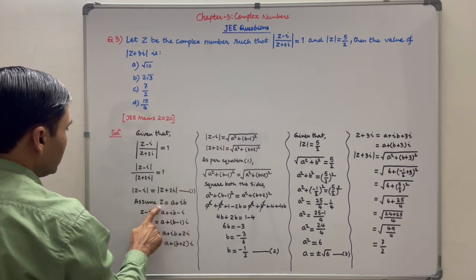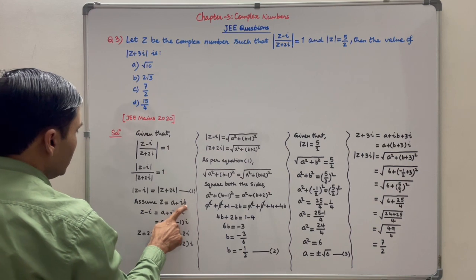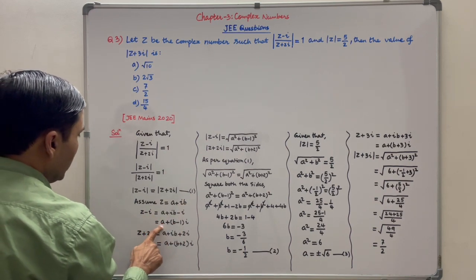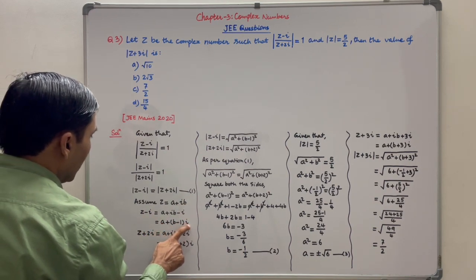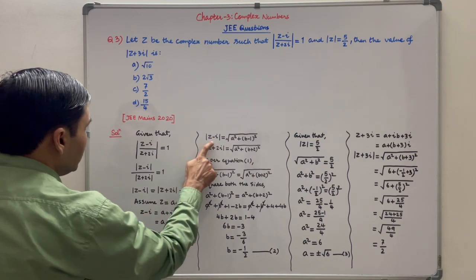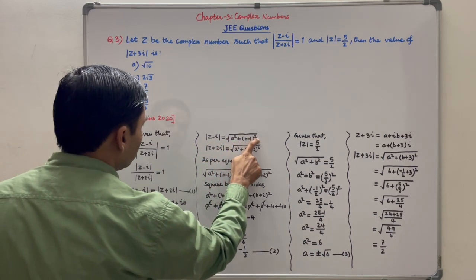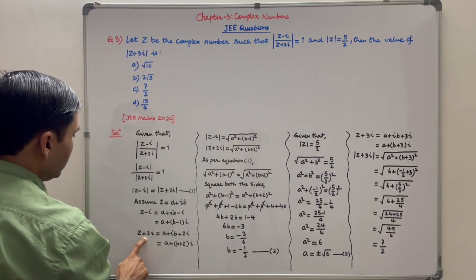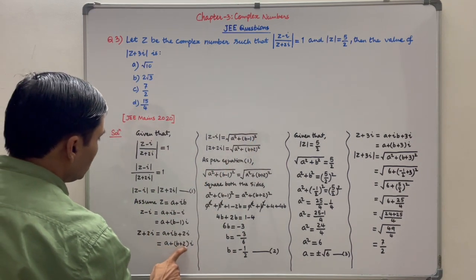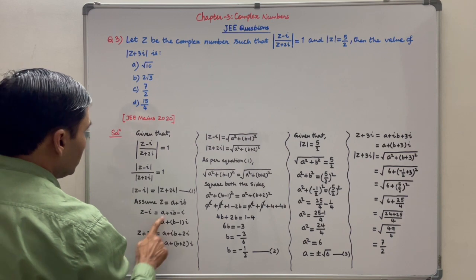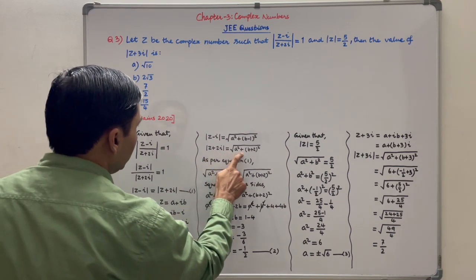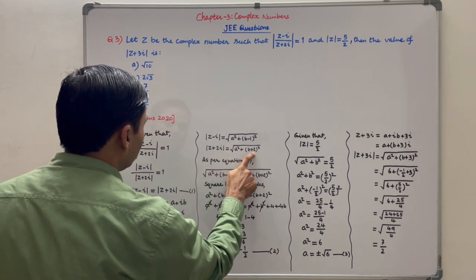Now assume z is equal to a plus ib. So z minus i is equal to a plus (b minus 1) into i. Mod z minus i is equal to under root a square plus (b minus 1) whole square. z plus 2i is equal to a plus (b plus 2) into i and mod z plus 2i is equal to under root a square plus (b plus 2) whole square.